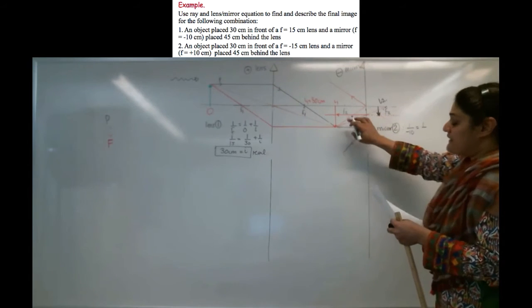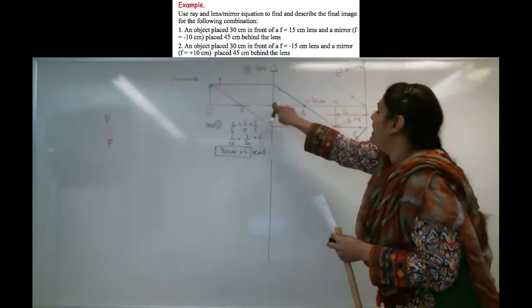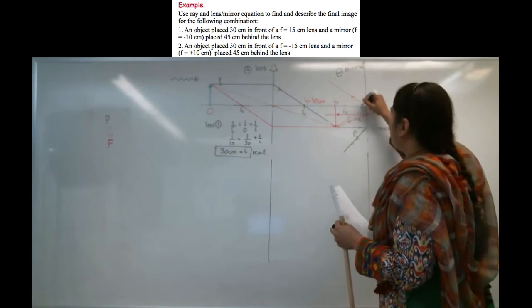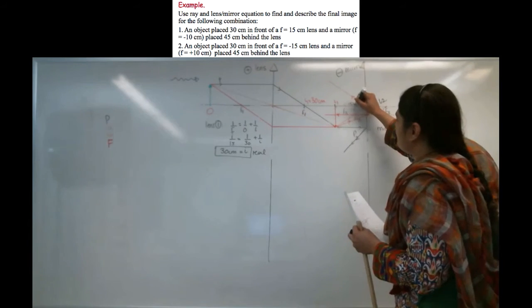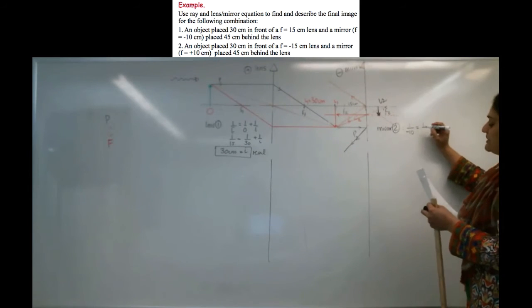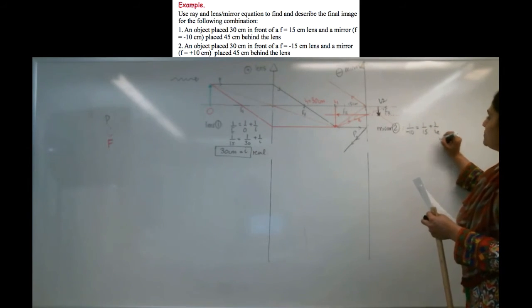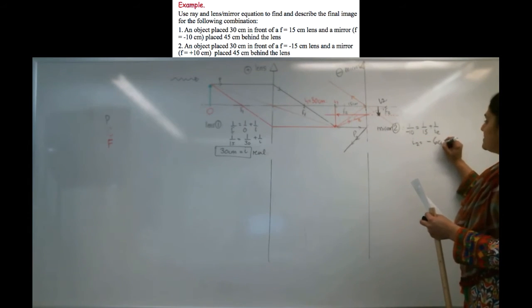In this case, the object distance is going to be 45 minus 30. So this is going to be my object distance. If I measure it, it's about 15 centimeters. So this is going to be 1 over 15 plus 1 over I2. I calculate I2 to be about minus 6 centimeters.